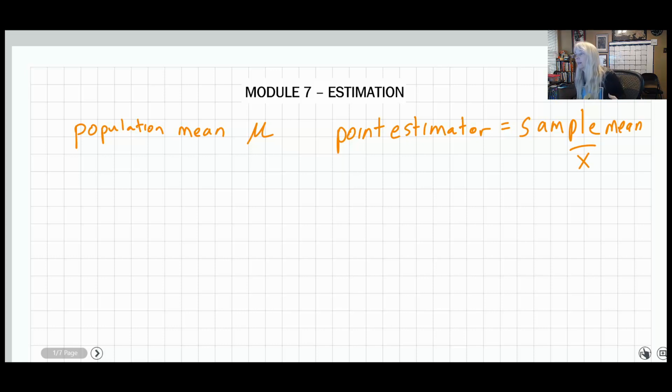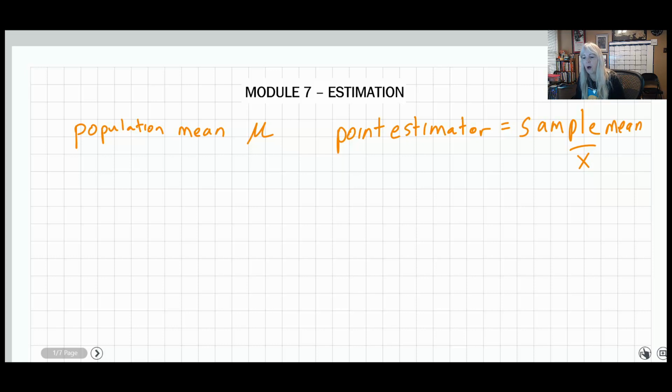Because this is estimating, we would like to have some kind of confidence that our population mean is at least close by this sample mean, our point estimator. And how we do this is with confidence intervals.